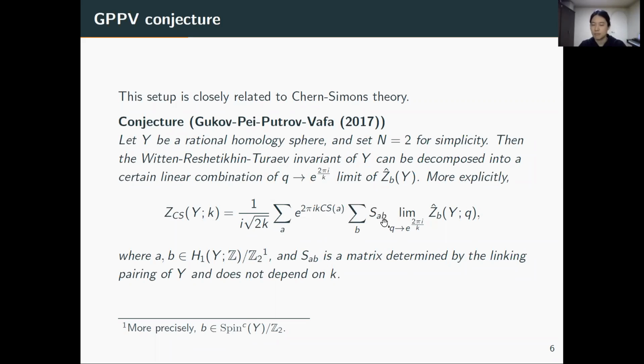S_ab is a certain canonical matrix that's very explicit and determined just by the linking pairing of Y. Basically, it's determined by those homological information of Y. It does not depend on K. And here is the most important piece, which is the limit of Z hat as q goes to one of these roots of unity.